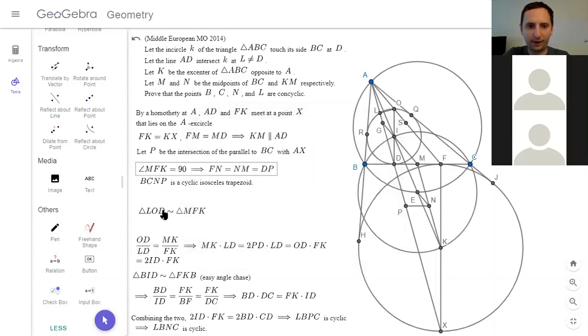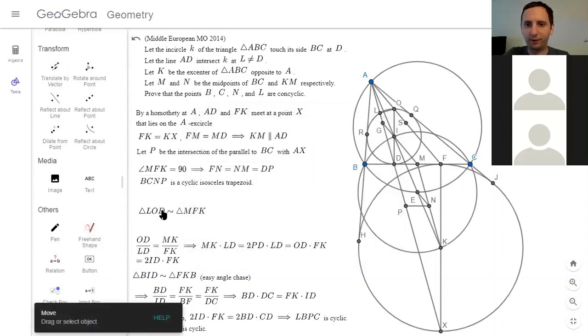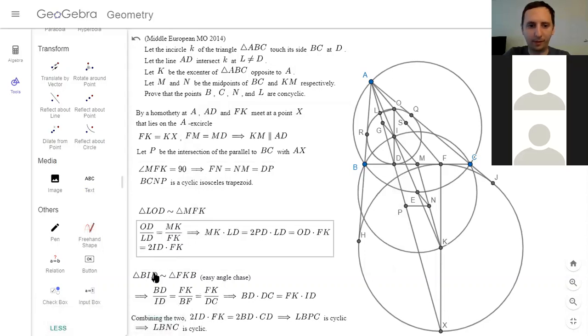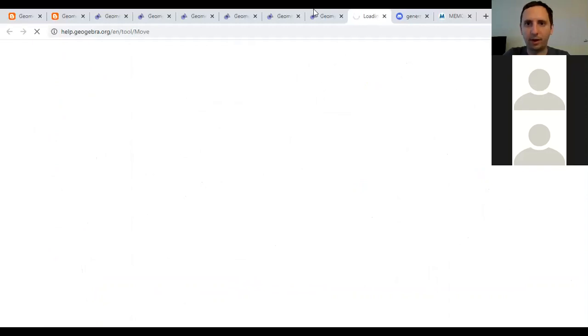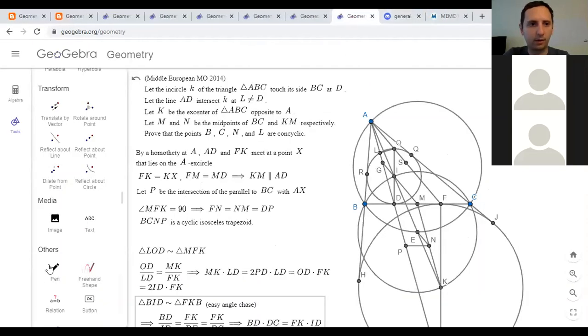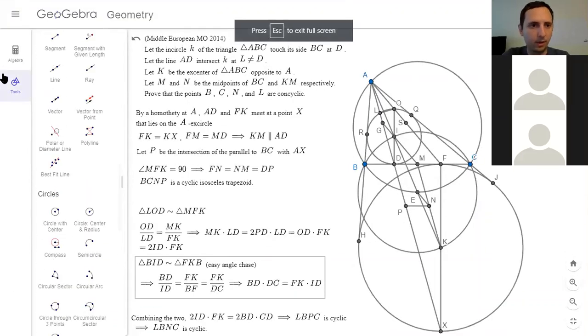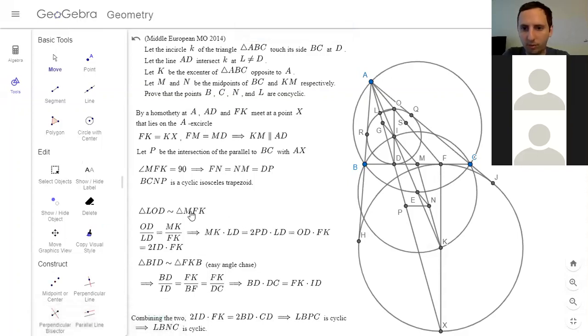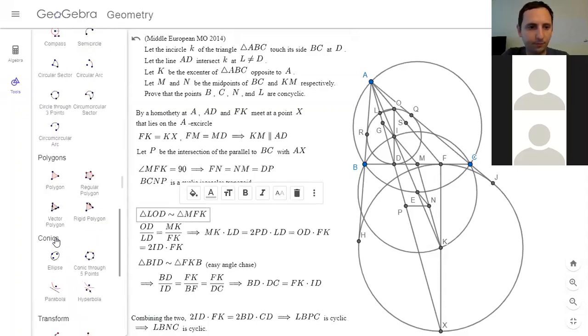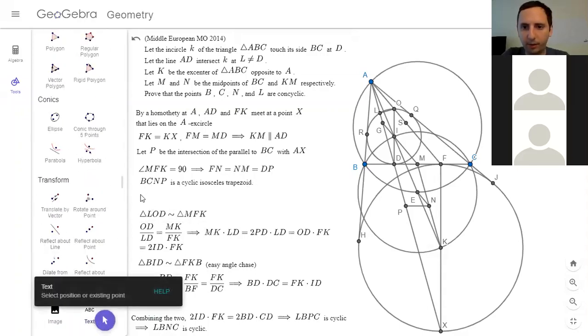Maybe I could add a little bit more of an angle chase here to show that LOD is similar to MFK. Let's see.